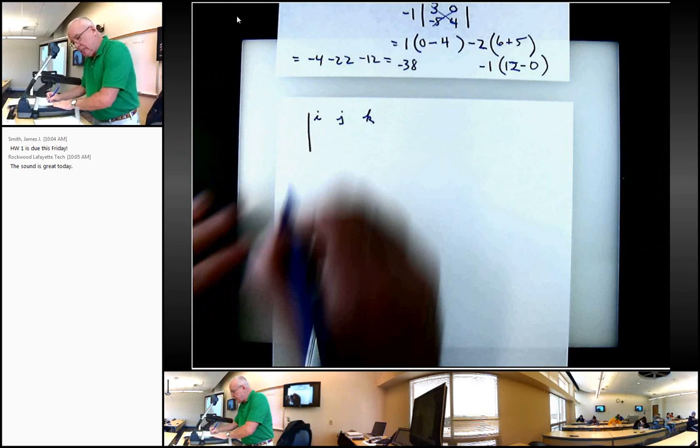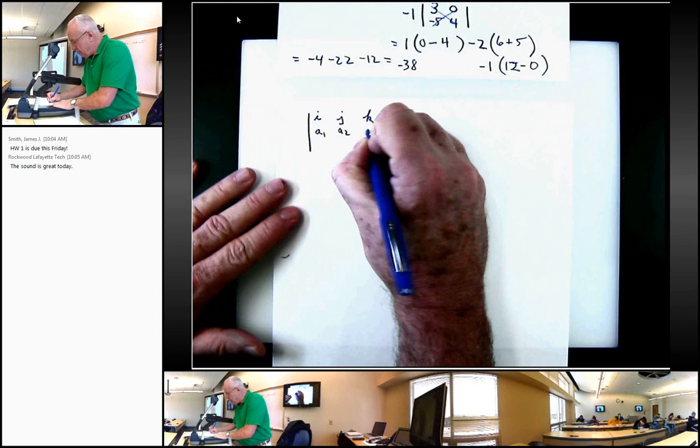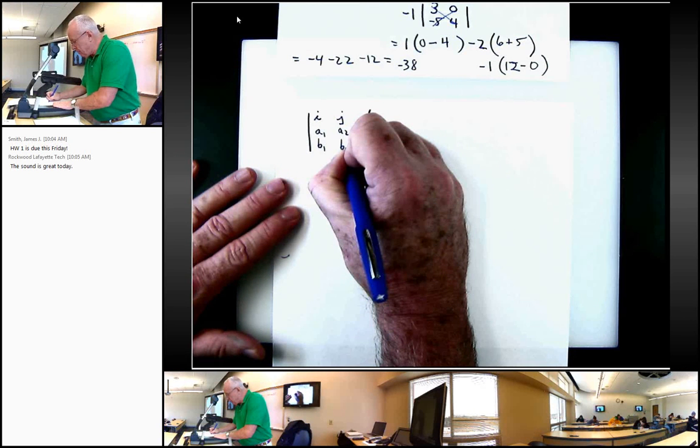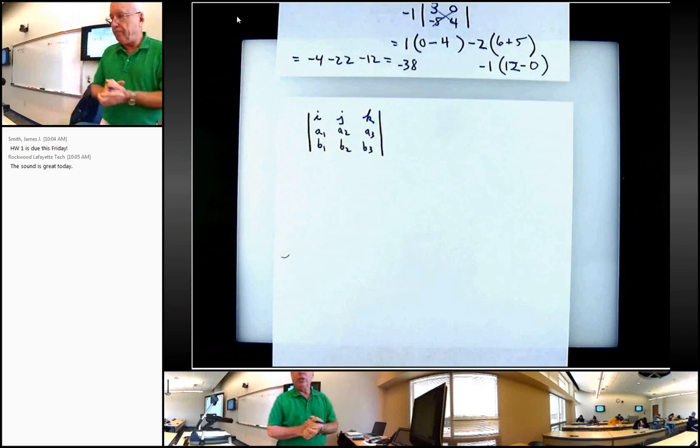So in this case, we're talking about A1, A2, A3, B1, B2, and B3. And we've got the straight lines there because we're doing a determinant.